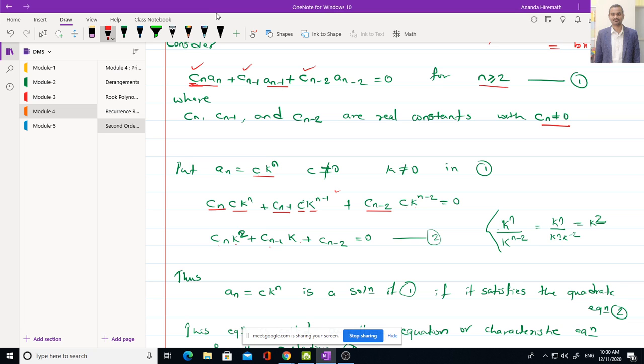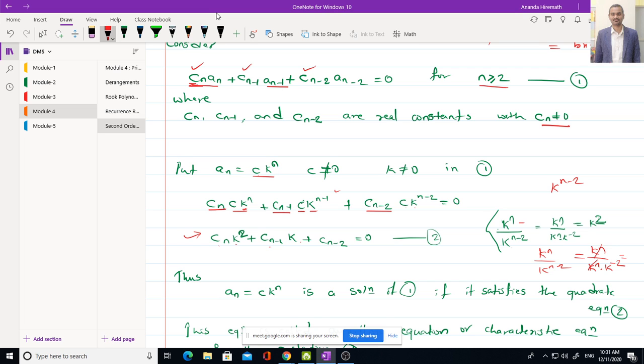So how have I got this equation? I have simplified here. Here we have k raised to n, and we divide all terms by k raised to n minus 2. If I divide k^n by k^(n minus 2), I can write this term as k^n into k raised to minus 2.